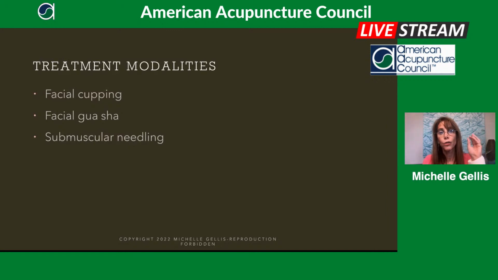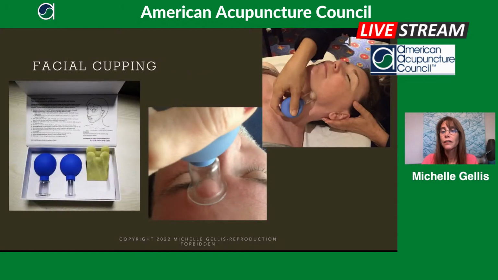Facial cupping uses small cups, and they look like this. And you would use these small cups and oil, and you would glide these cups across the skin. You don't park the cups, and you do it in such a way that encourages lymphatic drainage and works with the anatomy of the face.